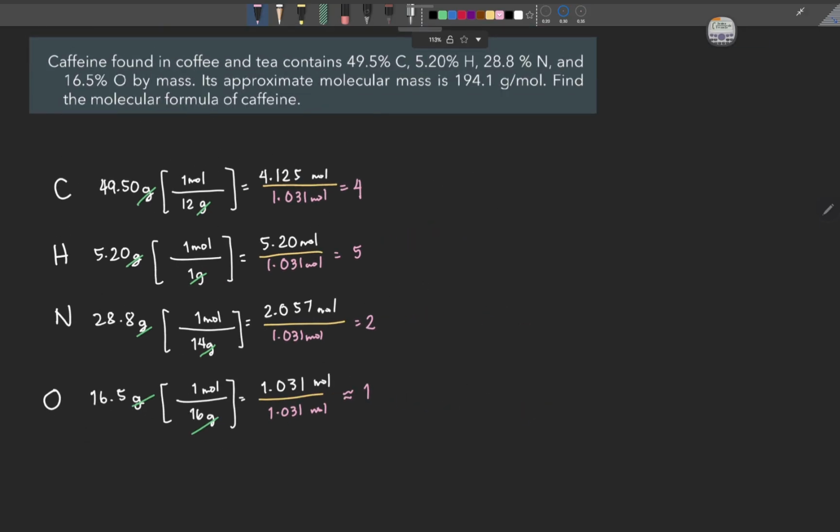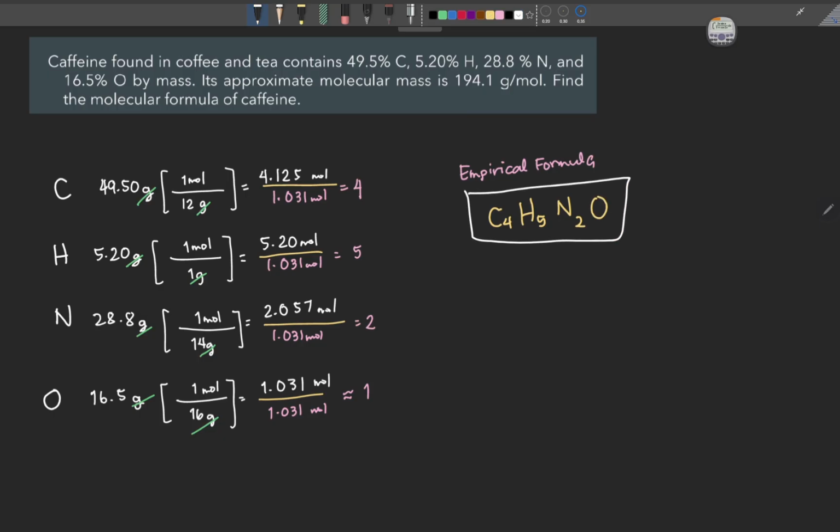Okay, so our empirical formula will be C4H5N2O. Okay, so this is the empirical formula, but we're looking for the molecular formula given this mass.